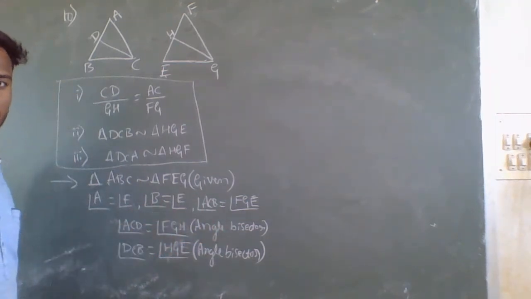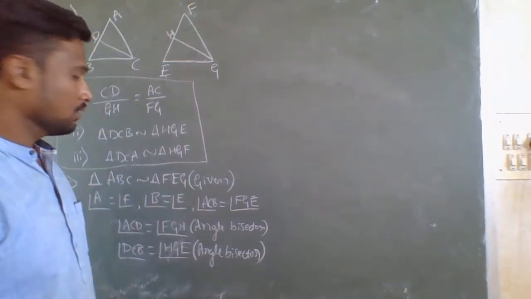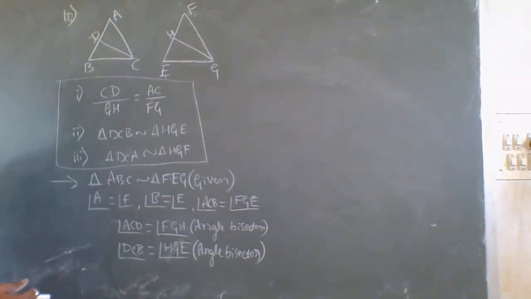These three are corresponding angles of similar triangles, and we know that in similar triangles, corresponding angles are always equal. Therefore, these three angles are equal.